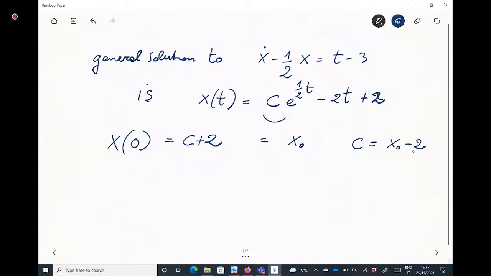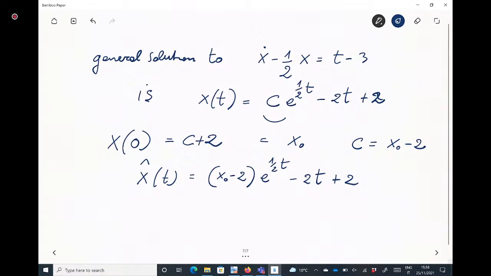For the moment, don't worry about the meaning of this, but we can replace it here. So our solution corresponding to an initial condition x0 is x(t) equal to (x0 minus 2) exponential 1/2 t minus 2t plus 2.